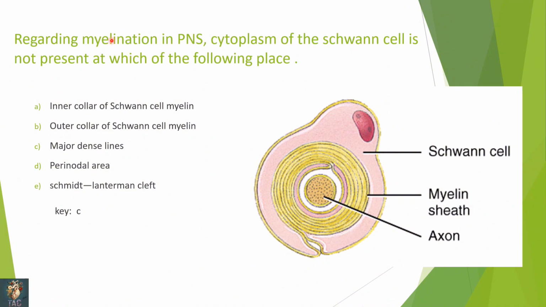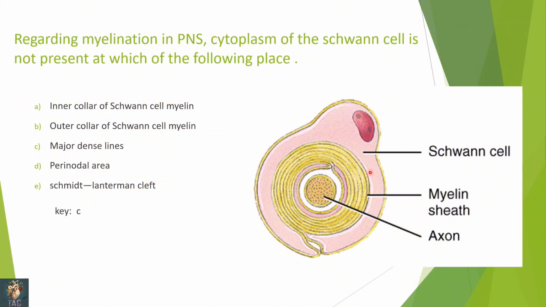Another is regarding myelination in the peripheral nervous system. The cytoplasm of the Schwann cell is not present at which of the following places? Here in this diagram you can see that this is the axon and these are the different layers of the Schwann cell sheath.